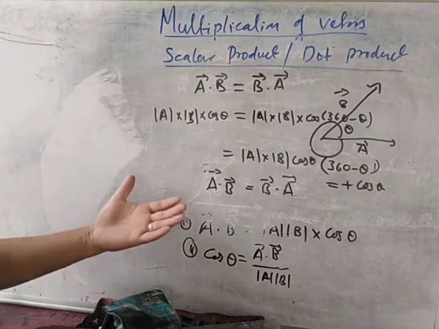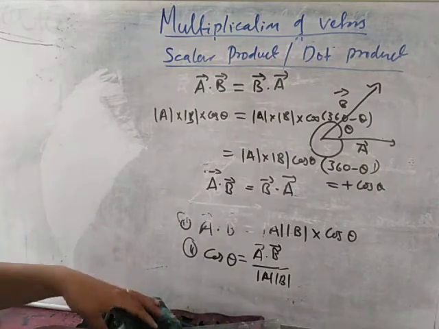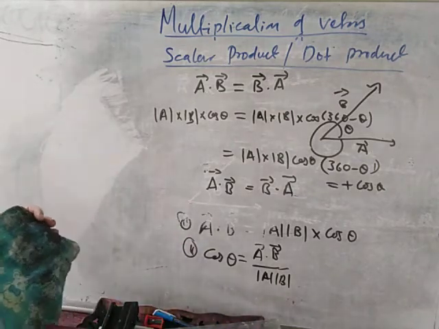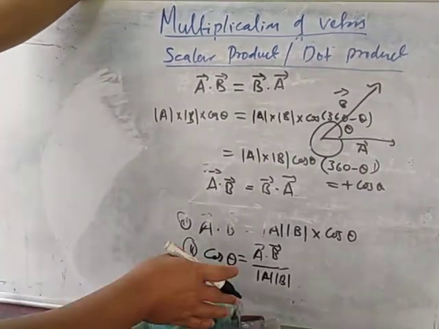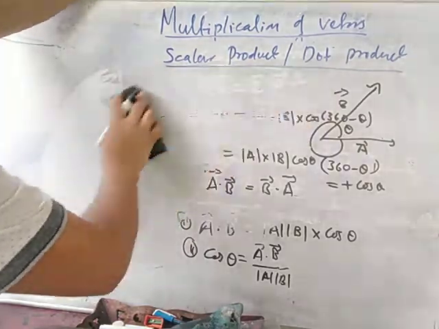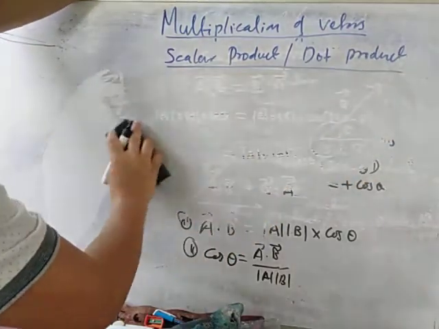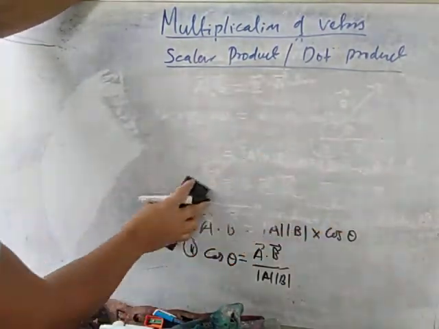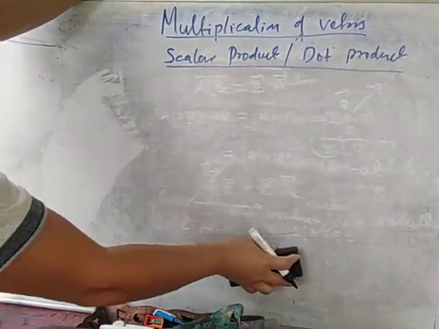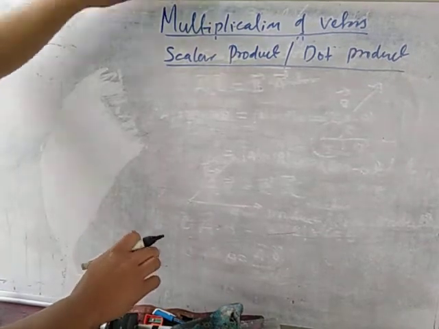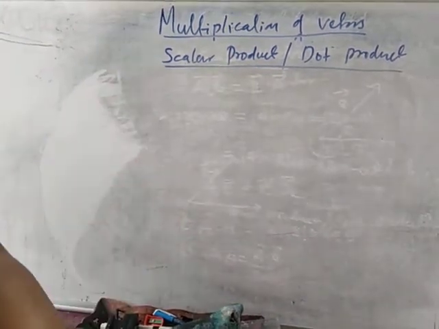Okay, clear? Commutative. So now let's start the Cartesian scalar product. To understand this, you should know orthogonal. They are perpendicular to each other, isn't it?